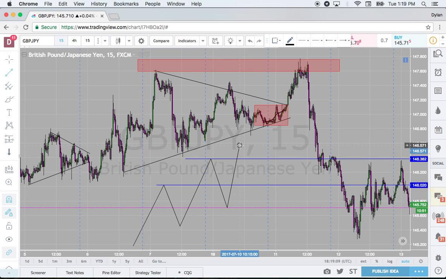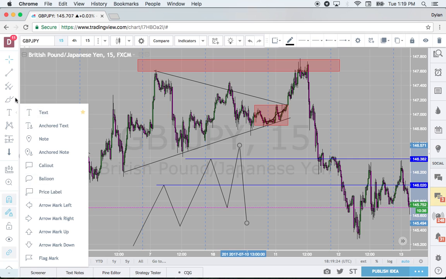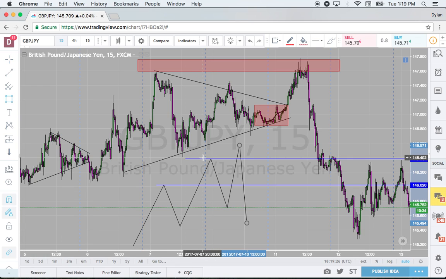What happens next is the dealer will then move the market back below that resistance after activating any buy stop orders that happen to be in this area above that high.